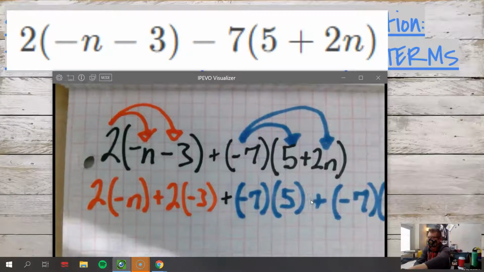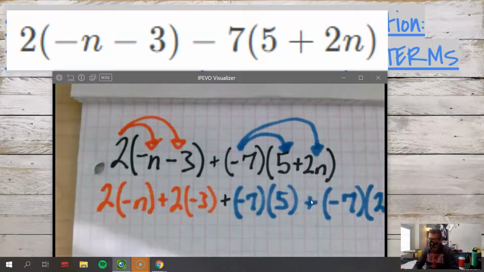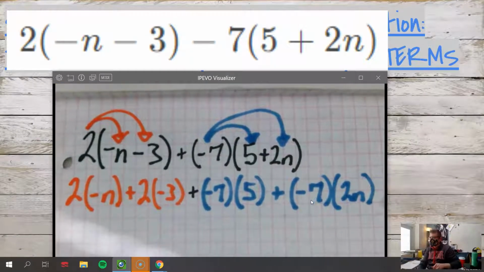If you have been at all confused, you should be writing out all of the work and not trying to skip through the multiplication. If you've been at all confused.